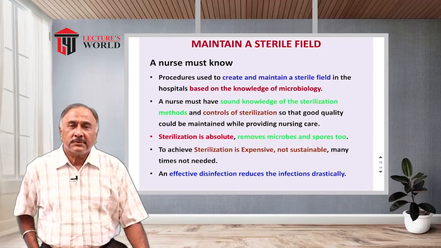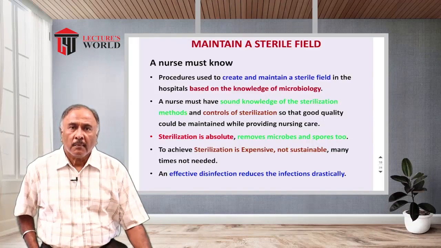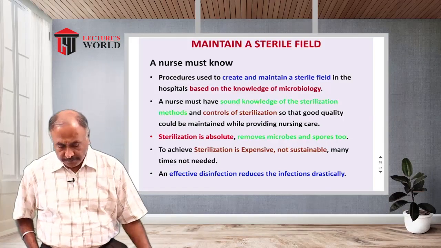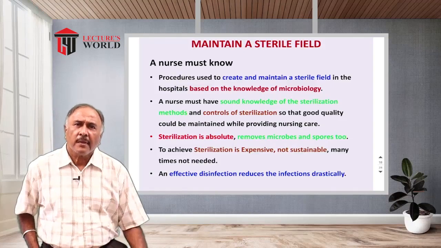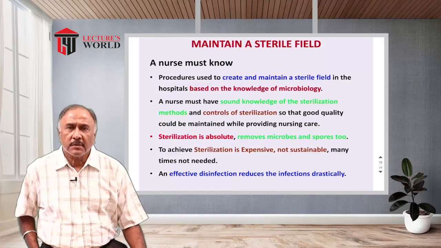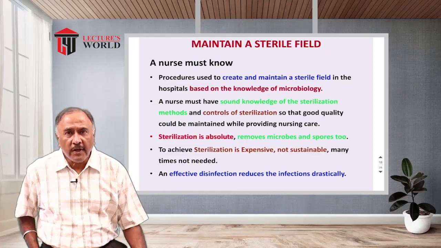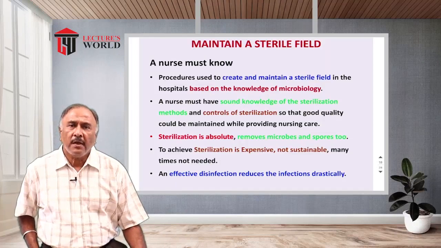Now, sterilization, as I have told you, is an absolute term, because 100% sterilization is rather not desirable, or it is very costly and it is not achieved in all senses.